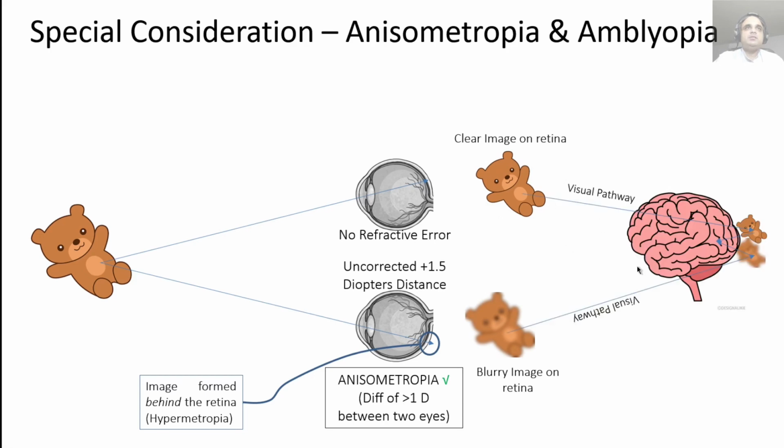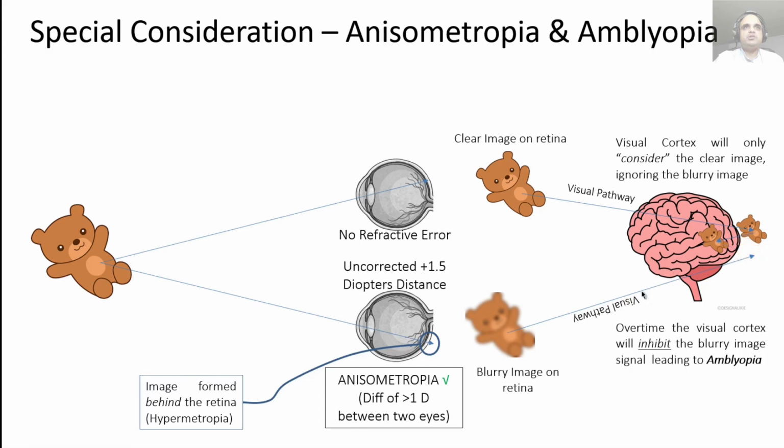Now both of these are going to go through the visual pathway to the visual cortex, and the visual cortex can't combine these two images into one because they don't appear similar. One is clear, one is blurry. So what the visual cortex would do over time is only start considering the clear image, and slowly it would shut down the blurred image coming from the eye with the refractive error.